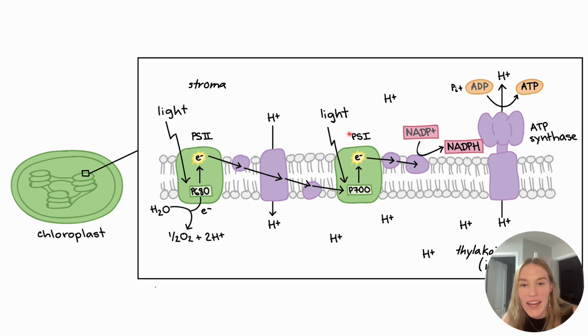But now we have a low energy electron that we have to re-excite. And so light has to hit photosystem 1 to re-excite the electron to ultimately be passed to NADP+, to be converted to NADPH using an enzyme called NADP reductase.